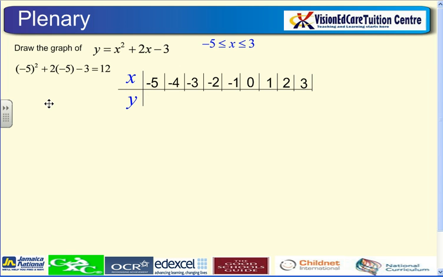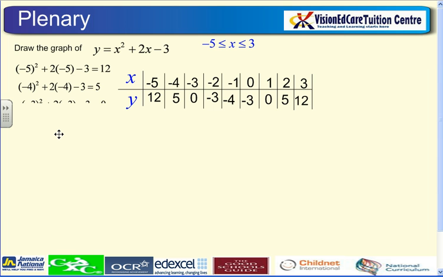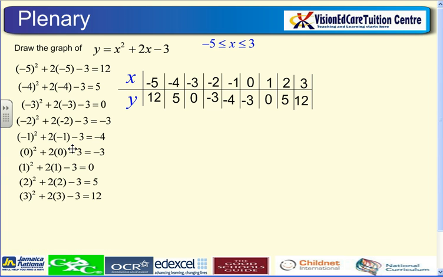So the working out here, I'm going to show you. So it's minus 5 all squared plus 2 times minus 5 gives us 12. And the other y values are given here now. I'll show you the working out for the others. Let me just show you the working out for everything. So that's the working out.